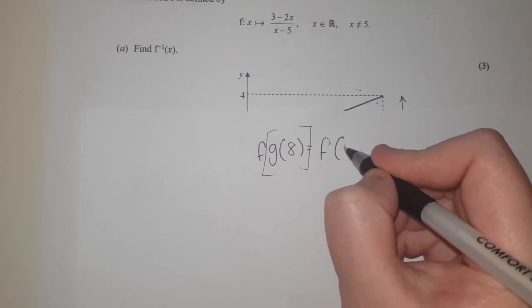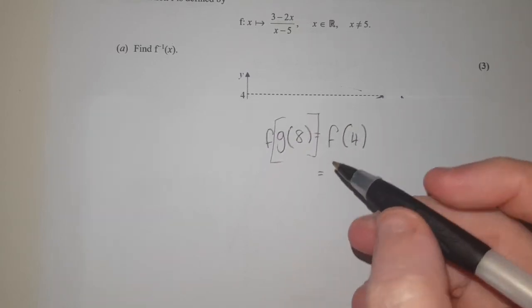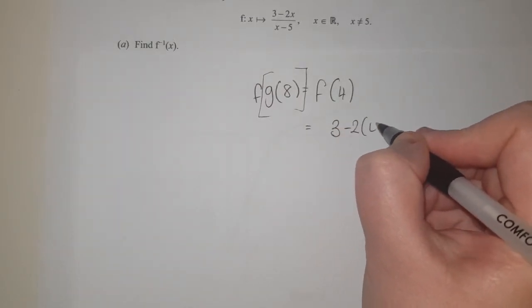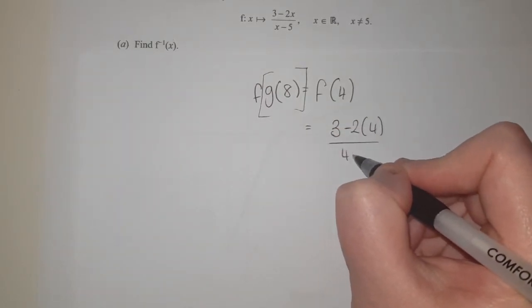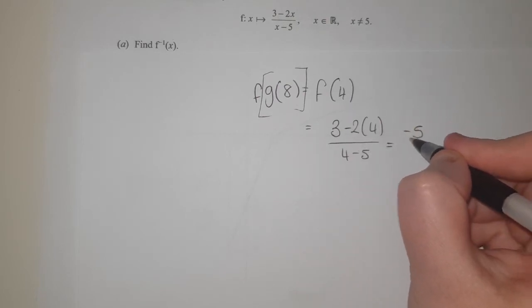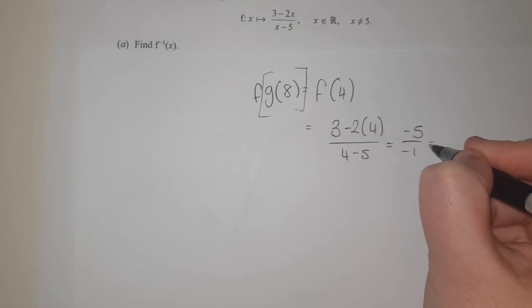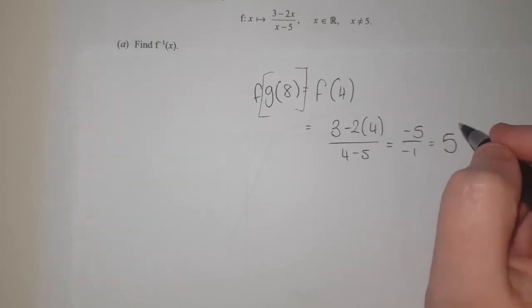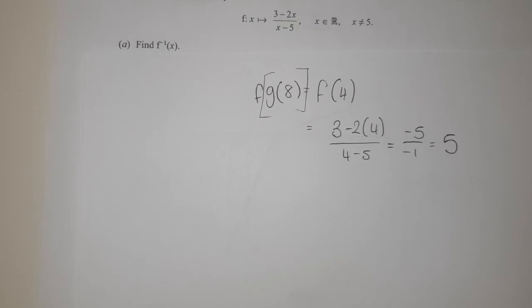So that then means I'm doing f of 4, which means I go back to my original function. I've got 3 minus 2 lots of 4 over 4 minus 5. So I've got 3 take away 8 is minus 5, 4 take away 5 is minus 1, minus 5 divided by minus 1, I get 5 as my fg of 8.